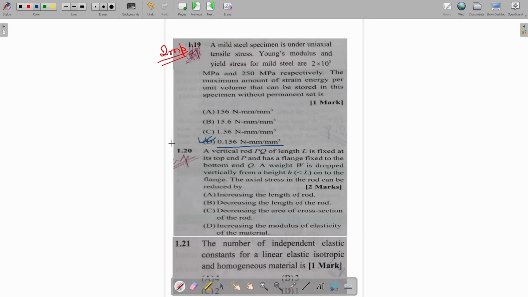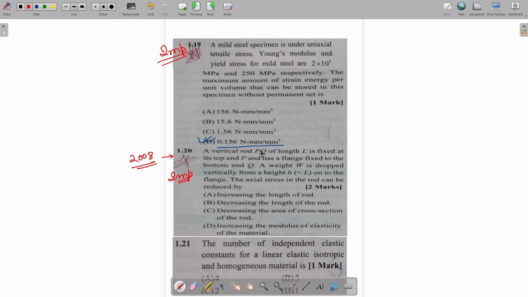Now, question number 20 is also an important question. It is a theory based question. It came in the year 2008. Question number 20. What is given here?